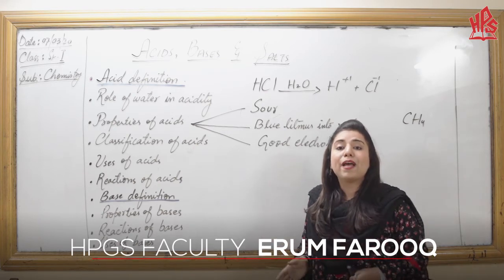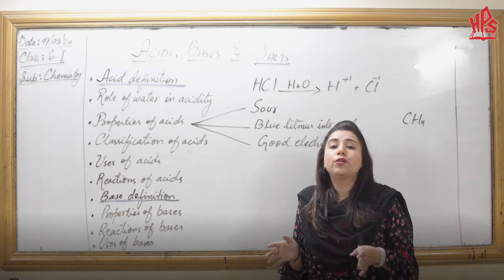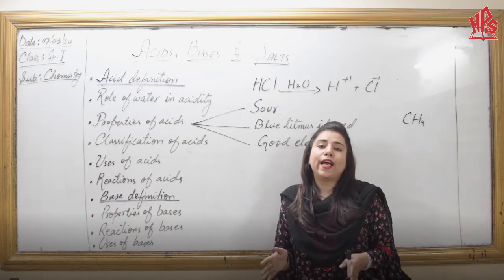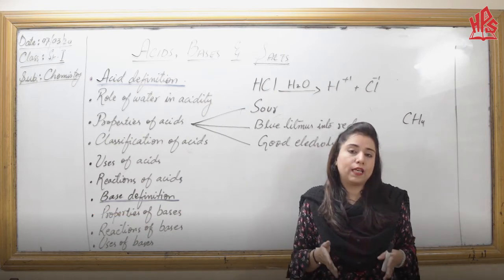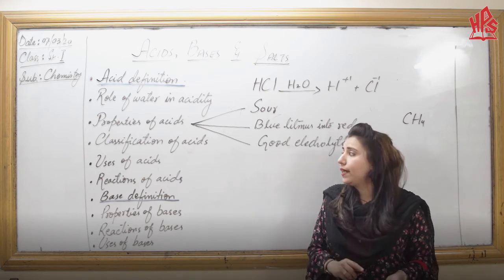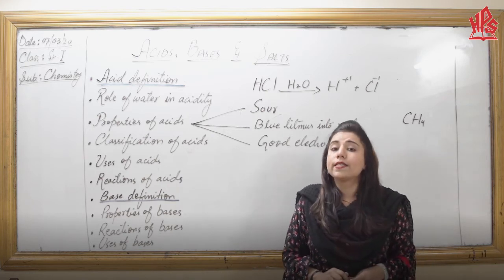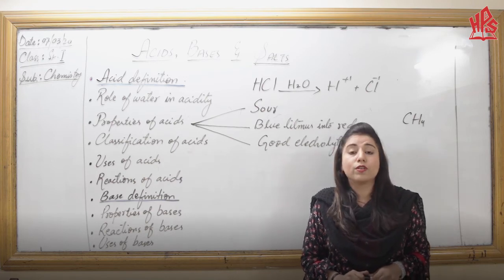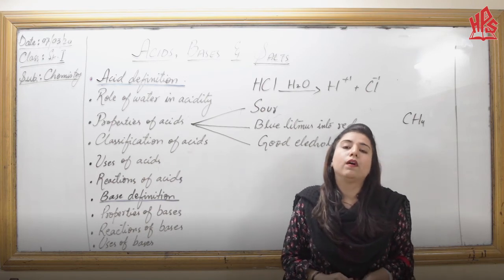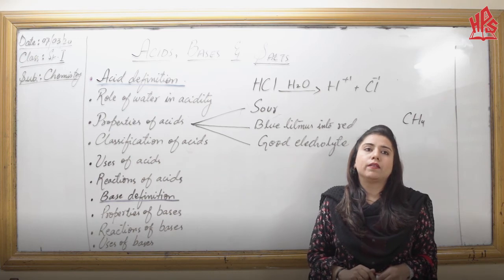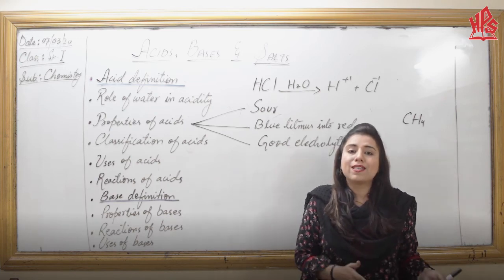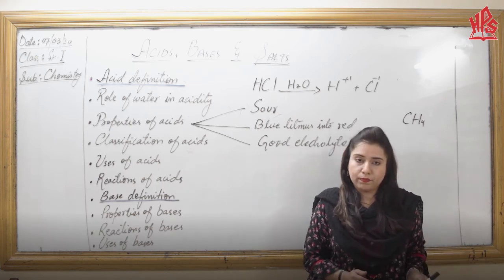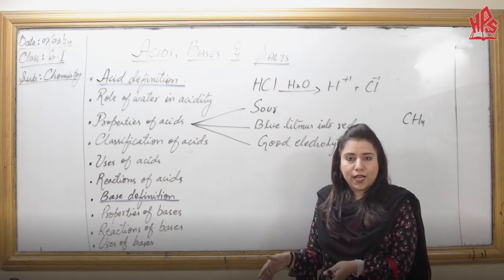So these are natural acids and they are not corrosive, and most natural acids we take in our diet. On the other hand, lab prepared acids can be corrosive. Let's suppose concentrated H2SO4, concentrated HCl, and HNO3. These are some acids that are lab prepared. This is one way of classification.